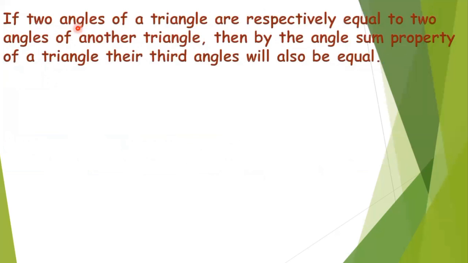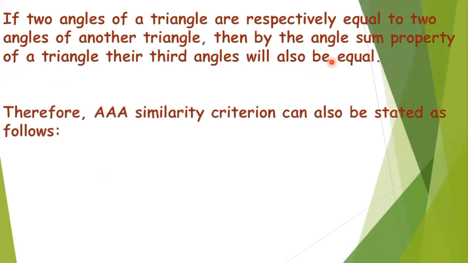Now see here, if two angles of a triangle are respectively equal to two angles of another triangle, then by the angle sum property of a triangle, their third angle will also be equal.